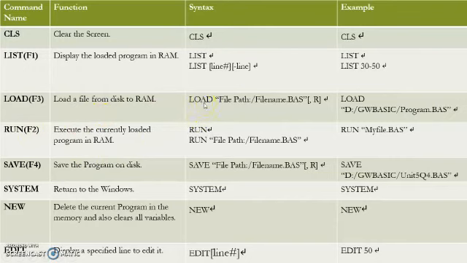We will type LOAD, then with a space, within double quotation marks we will type the file path and file name with the extension of BAS. After the double quotation, here is an optional switch of R, which is used to execute the program that we want to load.